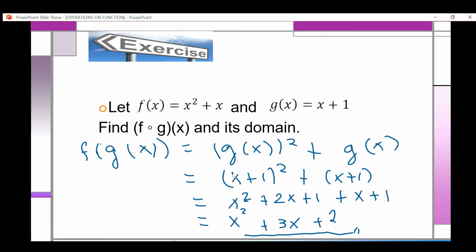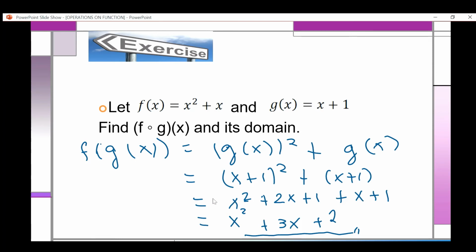So, square ng x, square the first term muna. Yun yung shortcut. So, x squared. Tapos, for the middle term, first term times the second term. So, x times 1. Tapos, laging times 2 yung middle term. So, 2x. Tapos, square the second term. So, plus 1. And then, dito, since positive, pwede na nating itanggal yung parenthesis.